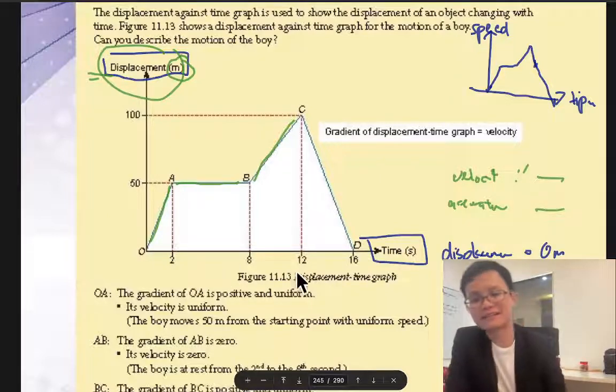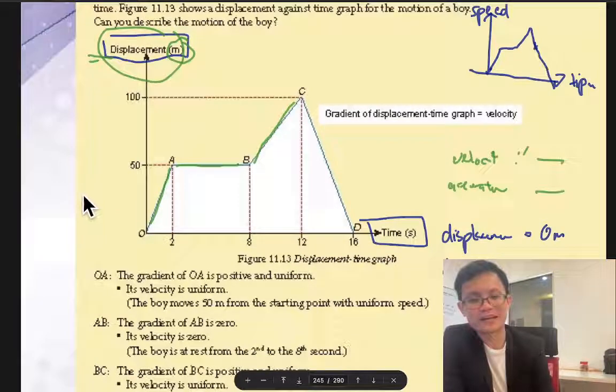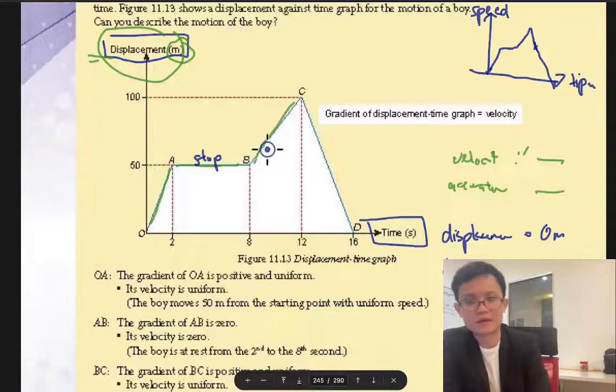Okay, let's look at the distance. First the car moved 50 meters. Then the car stopped. Stop means plus 0. Then it moved up again, 50 meters, from here to here.